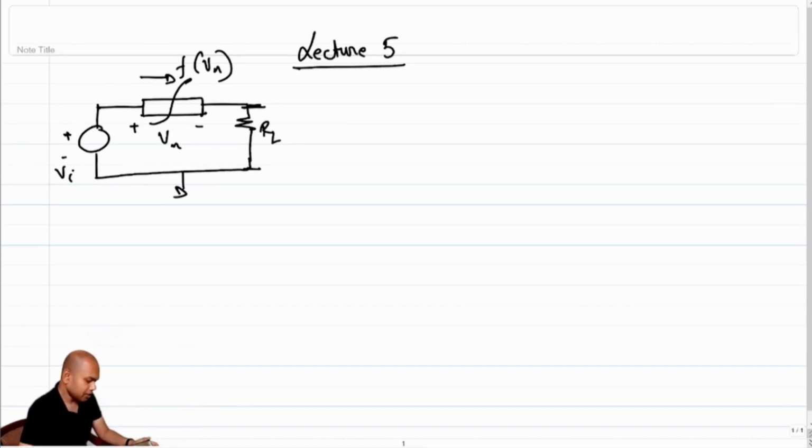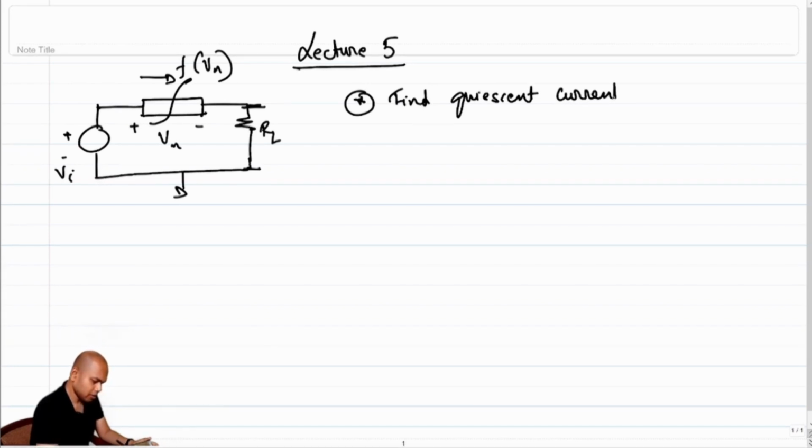What were the steps? Step 1 was to find the quiescent currents and voltages. That is, we do a numerical simulation, numerical analysis, or graphical analysis to find the quiescent currents and voltages.